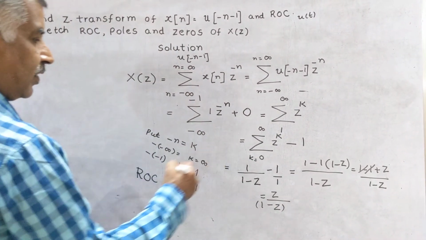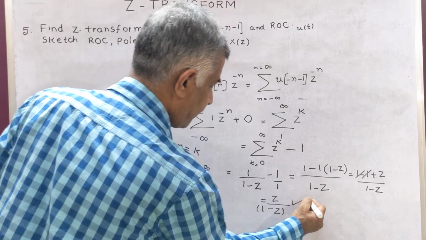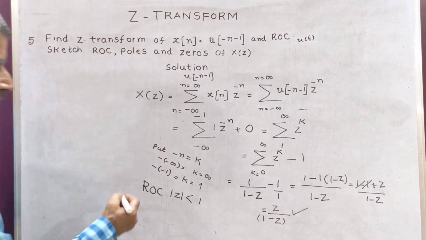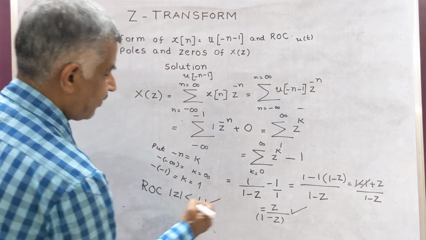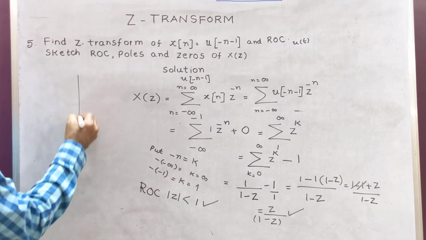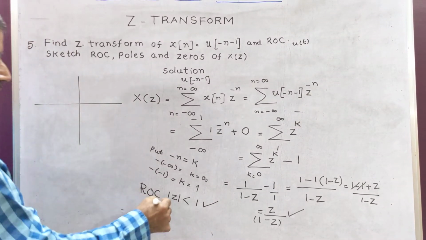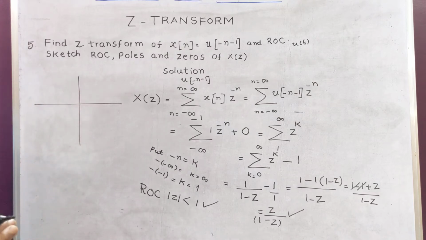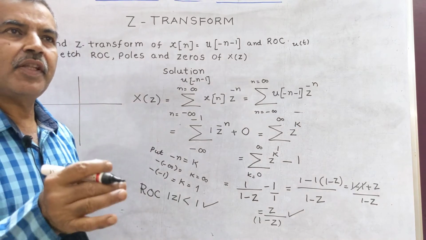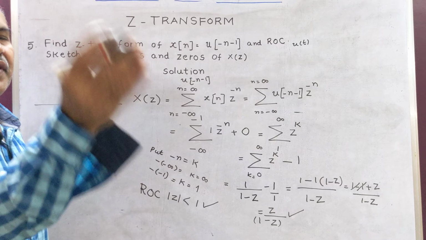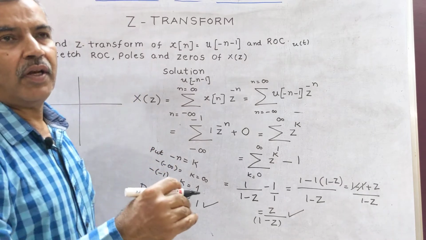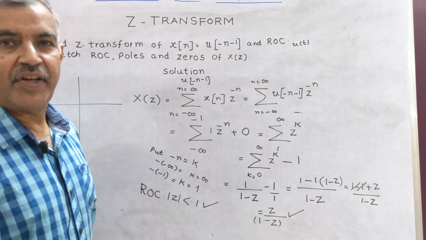Now the answer: X of z is z over 1 minus z, with region of convergence mod z less than 1. Then sketching of the ROC. One thing to keep in mind: ROC is in the form of circles, outside a circle, inside a circle, or between two concentric circles.